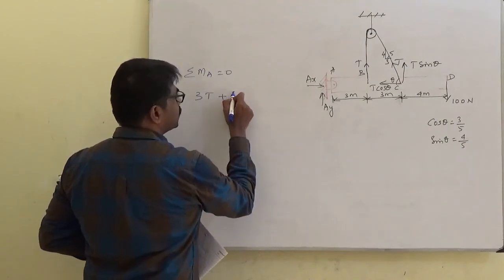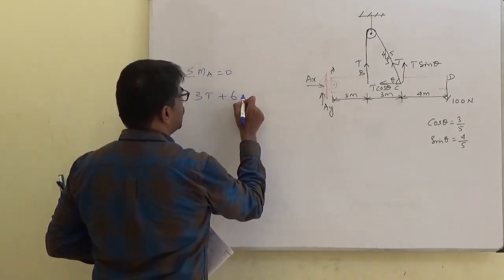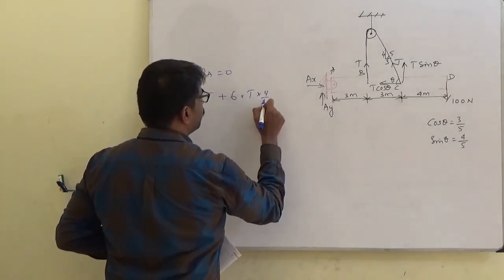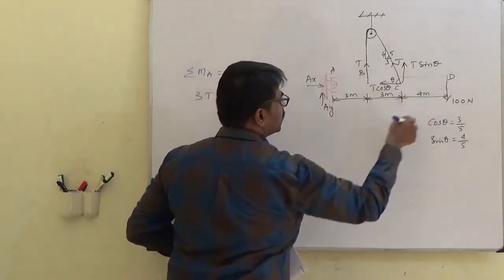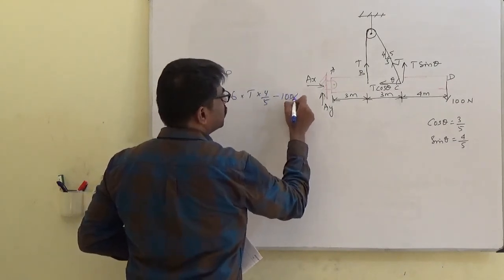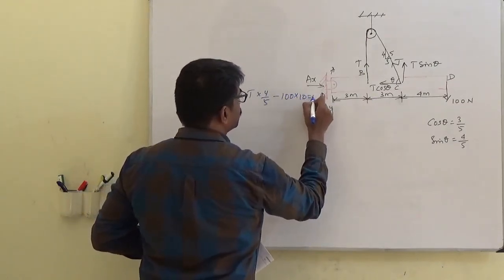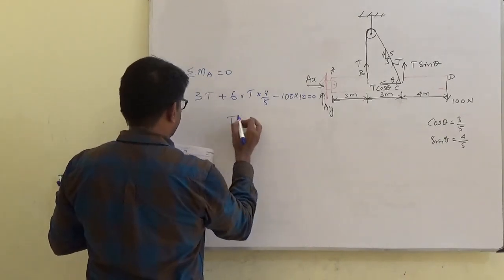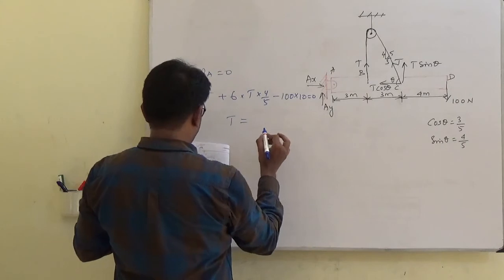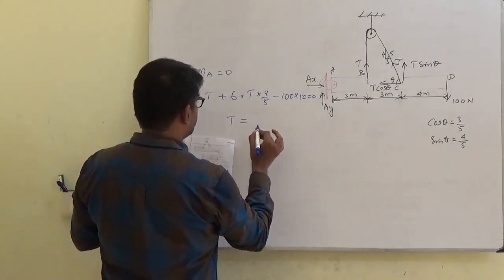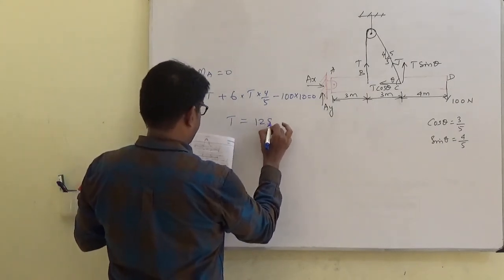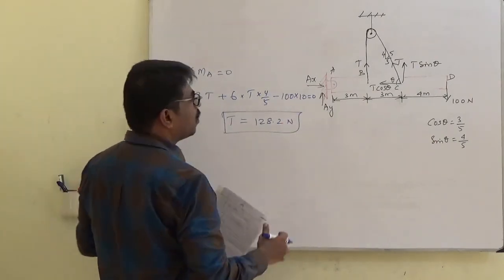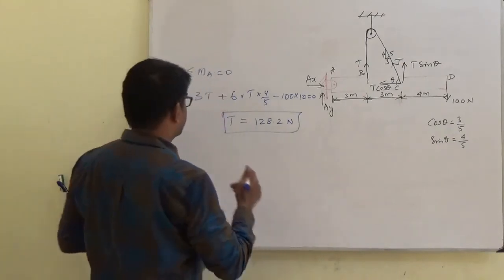So plus 6 into T sin theta, T sin theta is 4 by 5, so 4 by 5, and the 100 force is a clockwise moment, 100 into 10 equal to 0. So upon solving, you get T equal to 128.2 Newton.